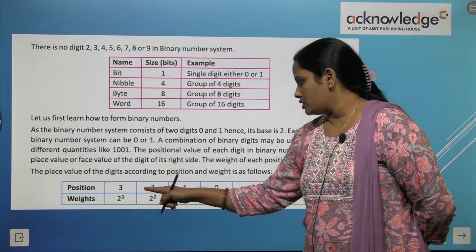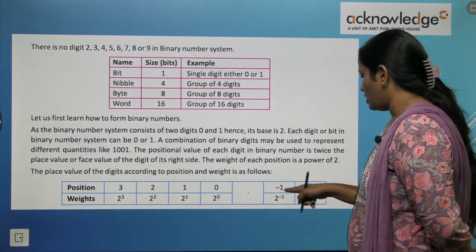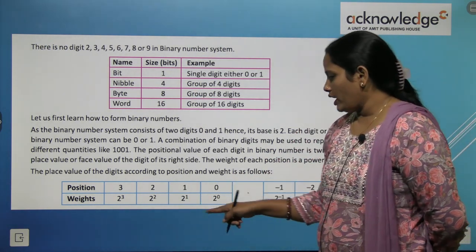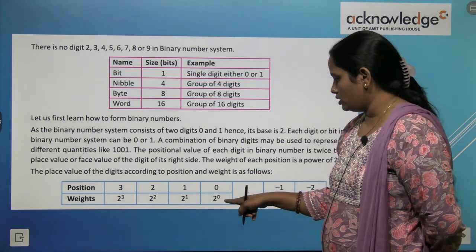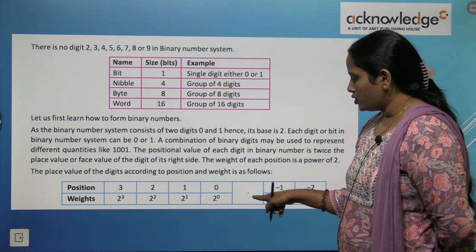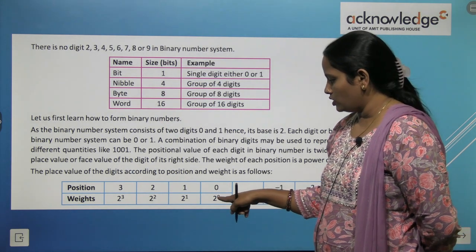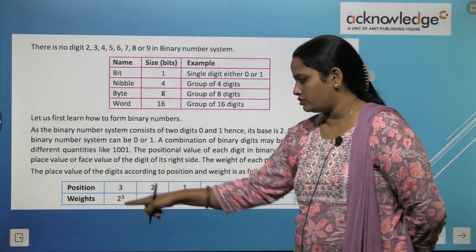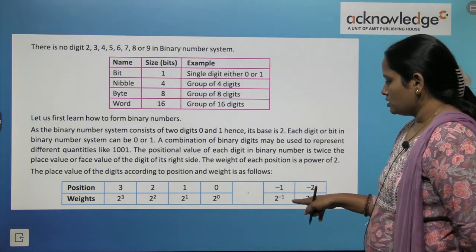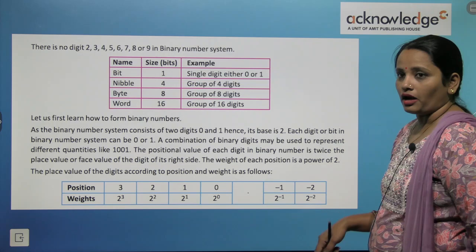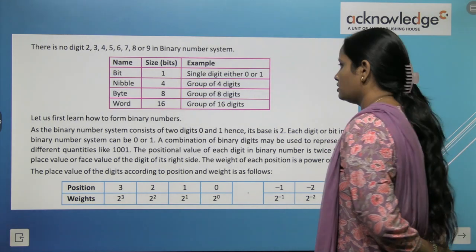One number is given as 3 2 1 0 and -1 -2. Why? Because, as I have already told you, before the decimal 0 is the power, then 1, then 2, then 3. That's why these are written here, and after the decimal, to the right side, -1 and -2 start.